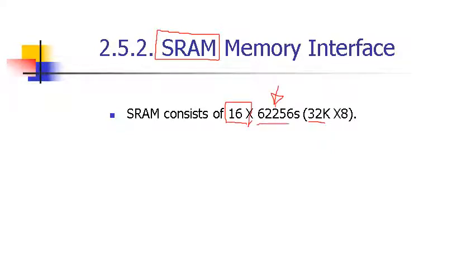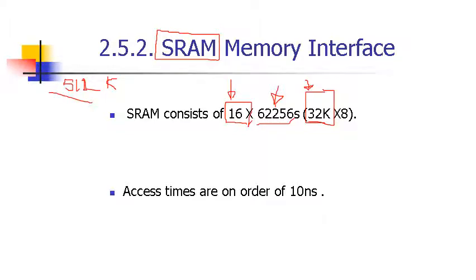Each chip is composed of 32K bytes, and it is required to interface up to 512K static RAM. 512K static RAMs, each of 32K, so you require 16 different chips. So we'll have 16 pages. Okay.